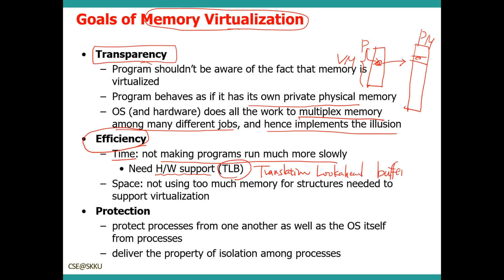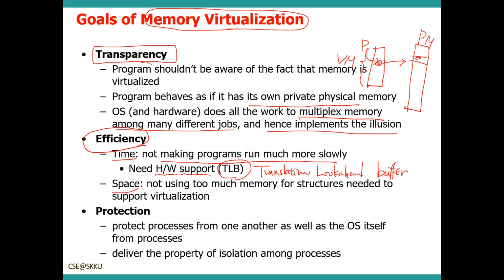In a computer architecture class, maybe you studied what a TLB is. So the TLB generally caches the translation entries. Using this hardware component, the address translation can be performed quickly without long latency.